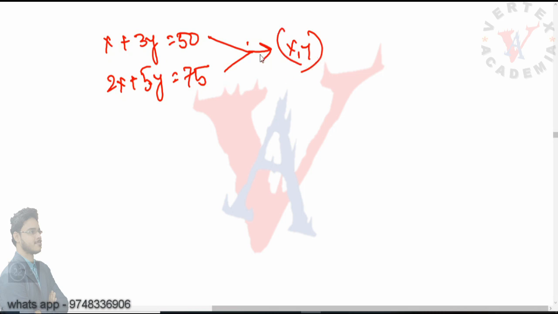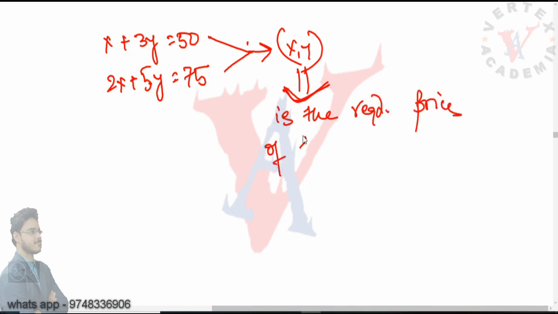And the shopkeeper also said that there is only a single price of pen and pencil in his shop. He sells only a particular type of pen and a particular type of pencil of a fixed price, which means that the value we found from the intersecting point is the required price of pen and pencil. So I hope this is clear.